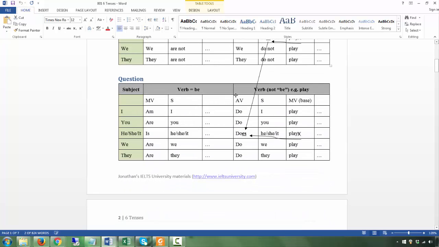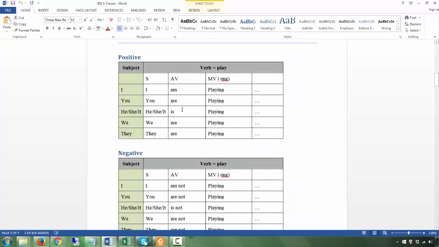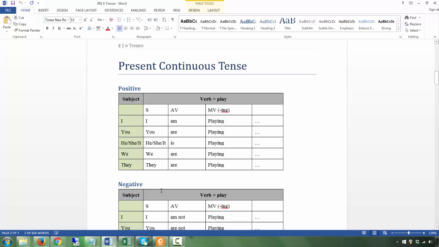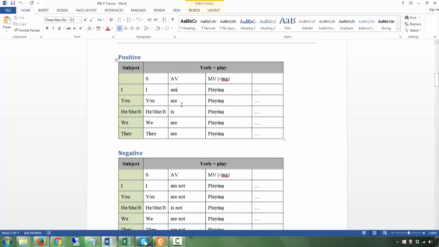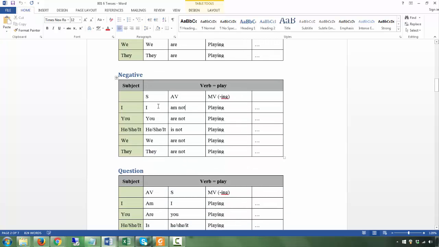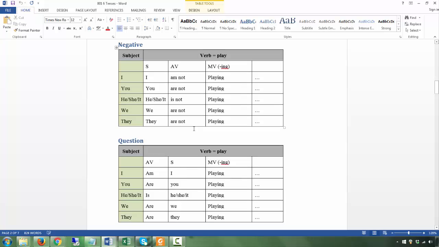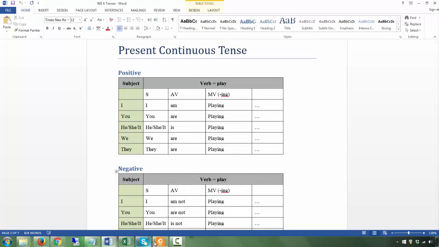All right, we'll go through present simple later, but right now I'm just showing you that present continuous is easy. Okay, I am, you are, he is, we are, they are, and then the verb ing. For negative, all you gotta do is just add the not behind. All right, and then for question, you switch the positions. Am I playing? Are you playing? Okay, that's very easy. This is the form for present continuous.